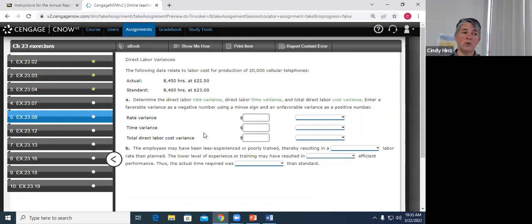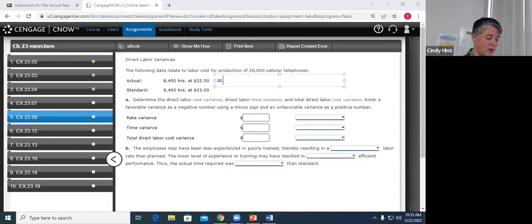How much did we use? How much did it cost us per unit? Just like with direct materials, we'll have a total and then we tease it into how much did we use, how much did it cost us per unit. So let's again start with the total because, as I suggested, some companies may start and stop there. We may do that calculation and say, good enough, and not take the extra time if there's not a lot to be gained by teasing that apart.